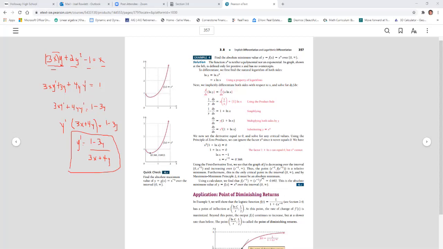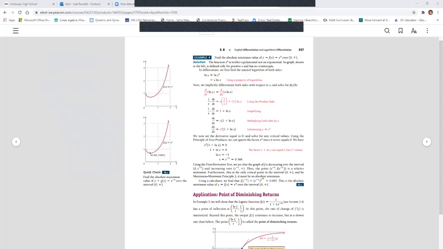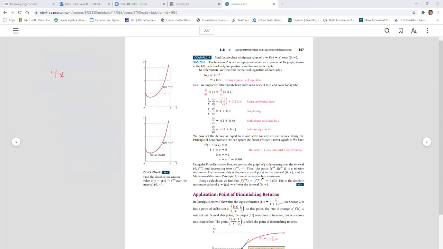Let's do one more. Four x squared plus y cubed is equal to 4. Again, we just take the derivative of each term. The derivative of 4x squared with respect to x is going to be 8x.